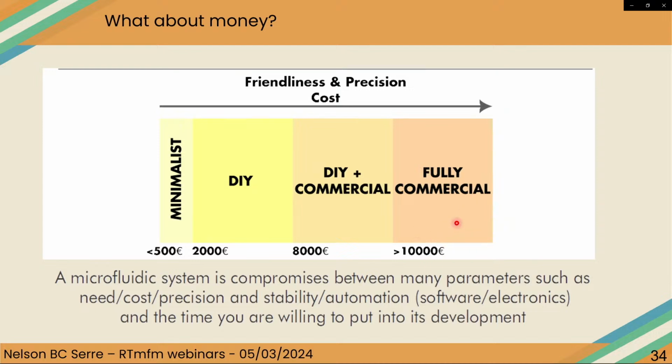But given that I'm talking to microscopists, these sums are quite okay compared to microscopes. And so in my opinion, a microfluidic system is a compromise between a lot of parameters, such as need, cost, precision you need, and if you need stability and automation through software or electronics, but also the time you're willing to put into its development.